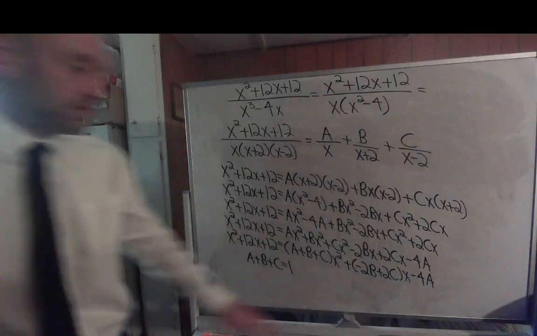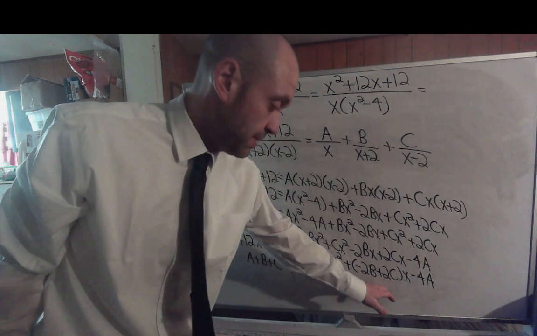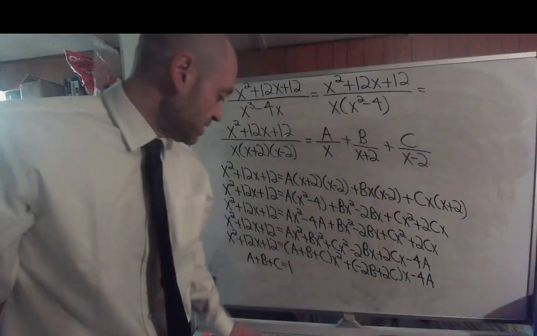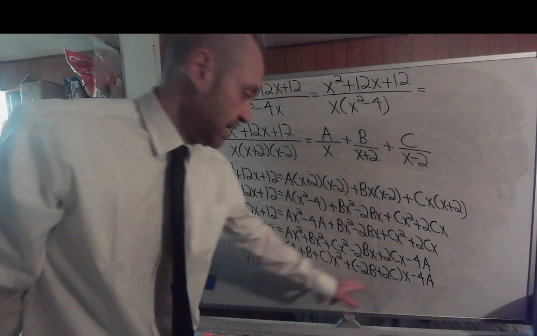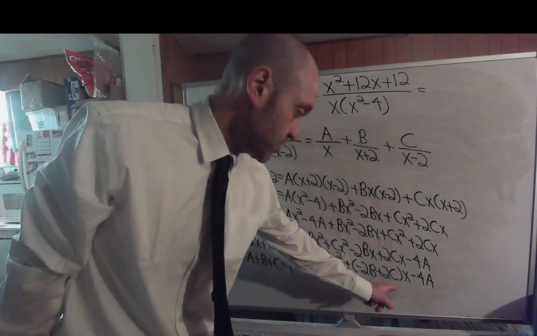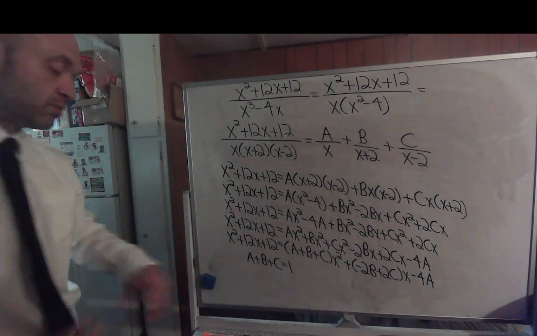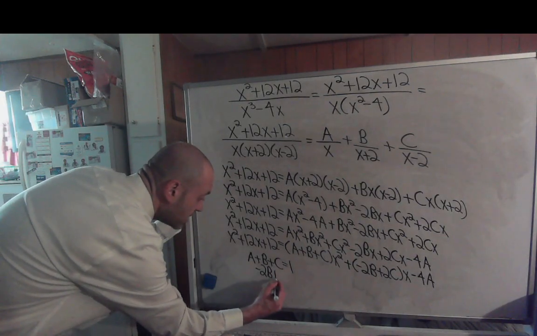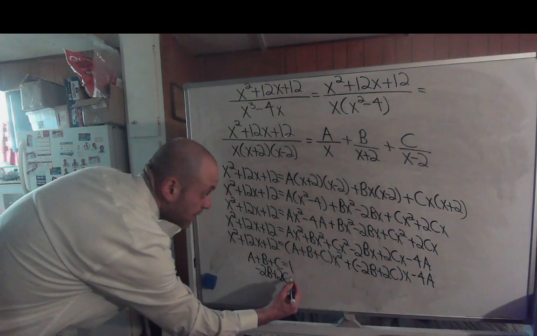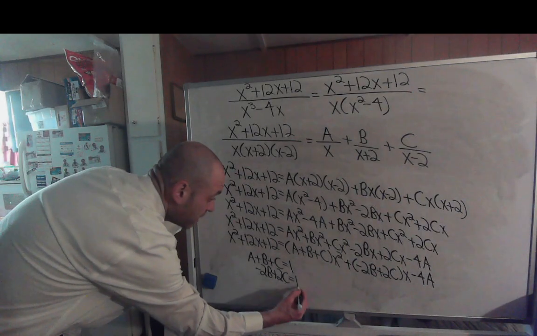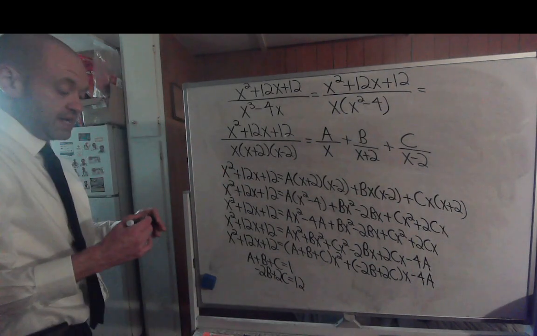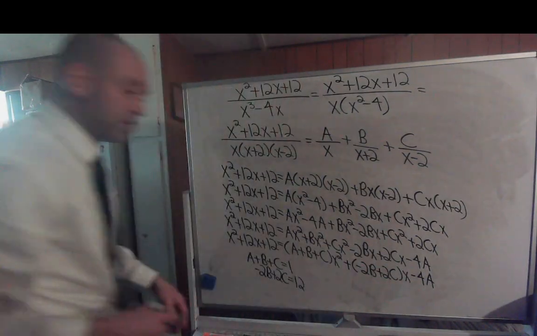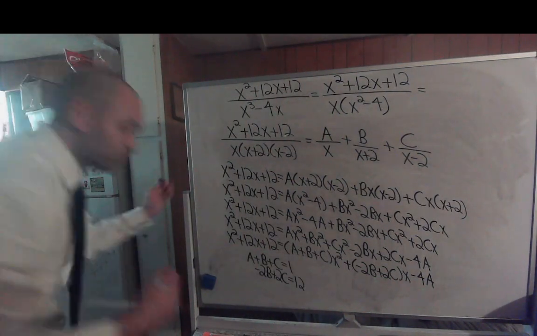Then that negative 2b plus 2c, that's going to actually end up being the coefficient of your x to the first term, which is 12. So you should end up getting negative 2b plus 2c equals 12. And then that negative 4a by itself would equal the constant term on the left, which would be 12.